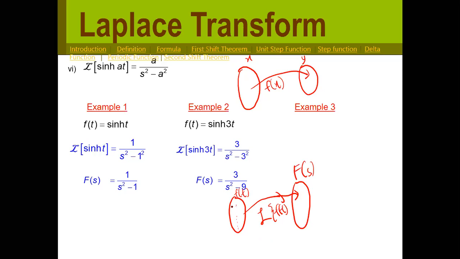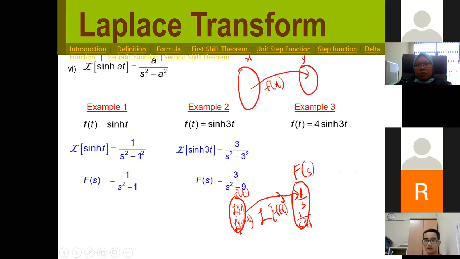So if we have Laplace of 1, we get 1 over s. If we have Laplace of sin t, we get 1 over s square plus 1. Like that. Do you understand so far? Understand?